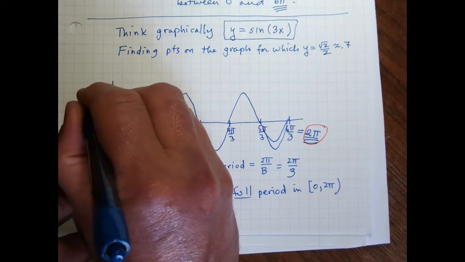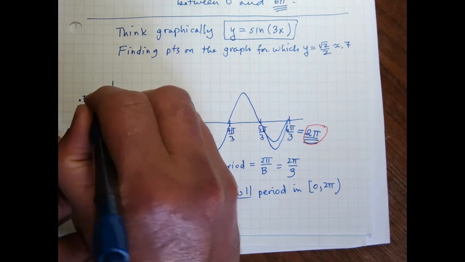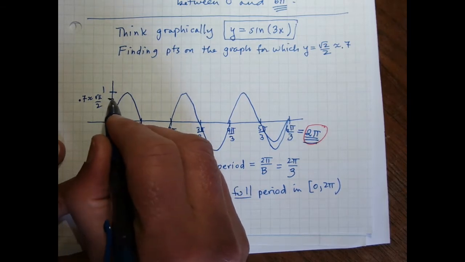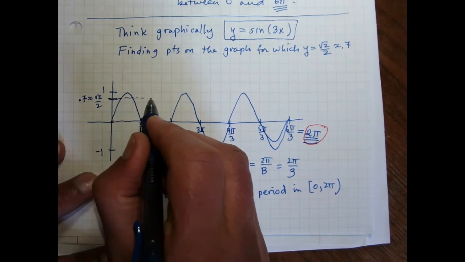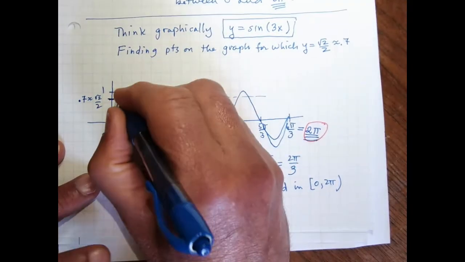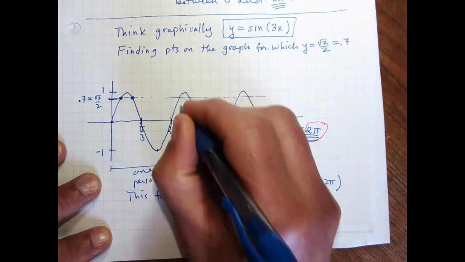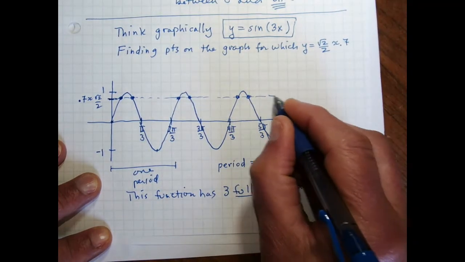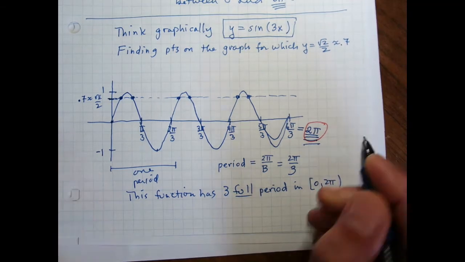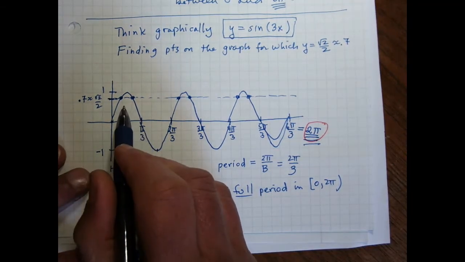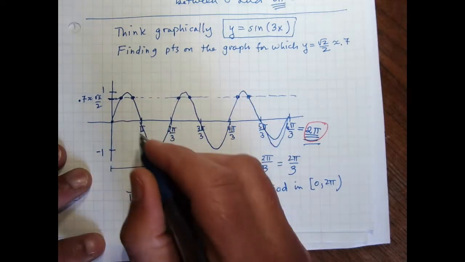So if we're looking at that y value of square root of 2 over 2, and we go across horizontally through the same y values, we hit this graph 1, 2, 3, 4, 5, 6 times before we get to 2 pi. That corresponds to our 6 solutions.